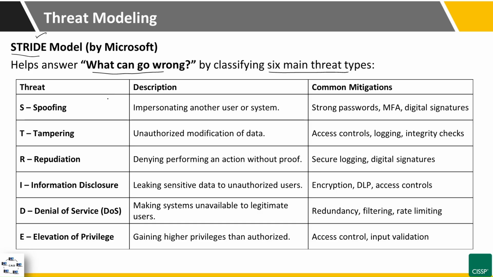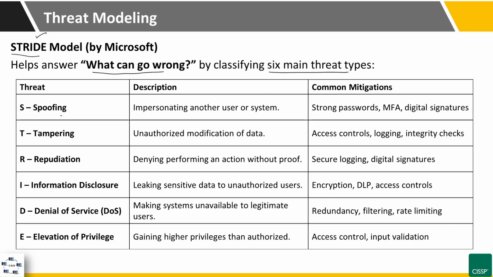The S stands for spoofing, T is tampering, R is repudiation, I is information disclosure, D is denial of service, and E is elevation of privileges. So this model gives us six threat types that tell what can go wrong with your system.